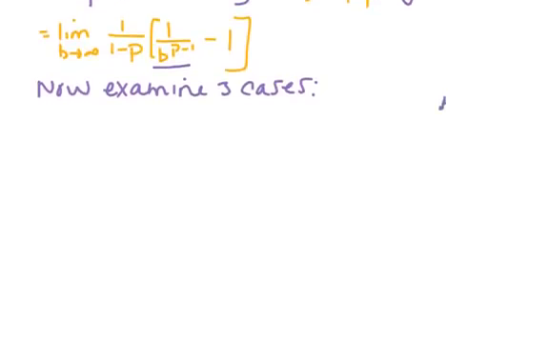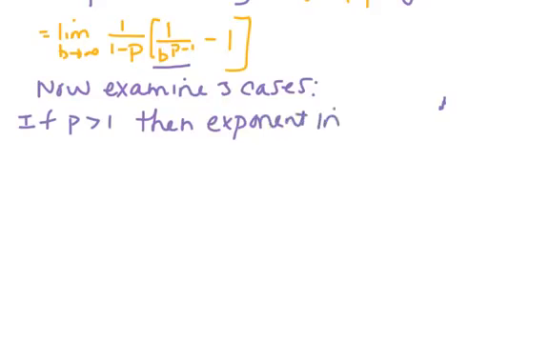Okay, so I'm working with this limit, and I want to look at p greater than 1. So if p is greater than 1, then the exponent in the denominator is greater than 0.